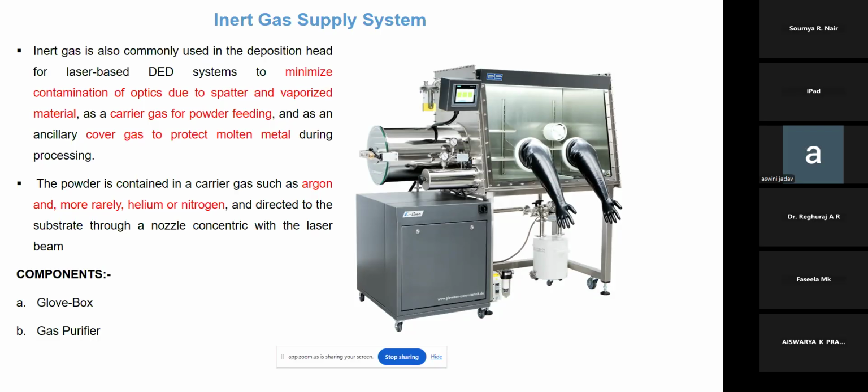The total environment is maintained in an inert atmosphere. So for that also you have to continuously feed the inert gas. Most of the time argon is used as an inert gas. In very few places, helium or nitrogen can be used.